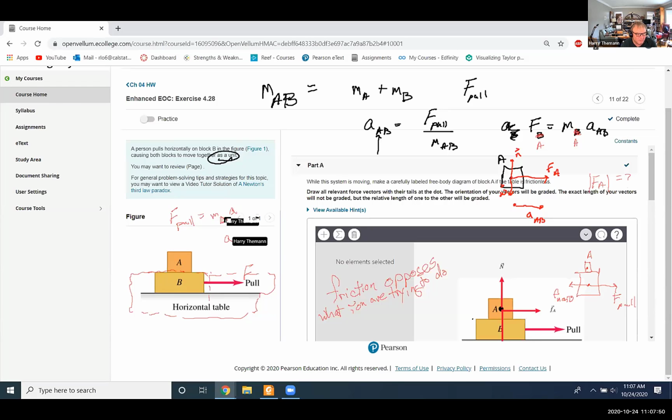We expect the acceleration to equal F pull, friction, over the mass of B.